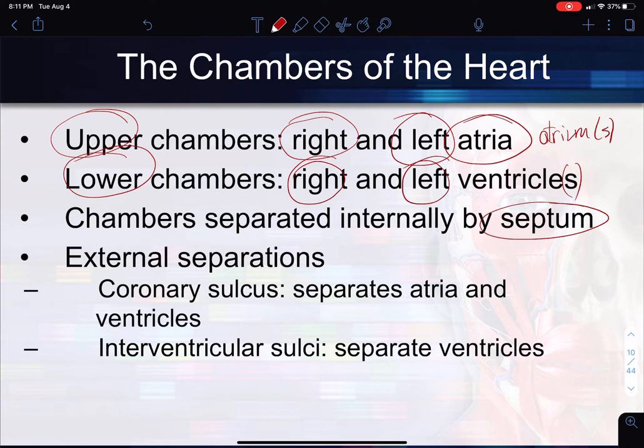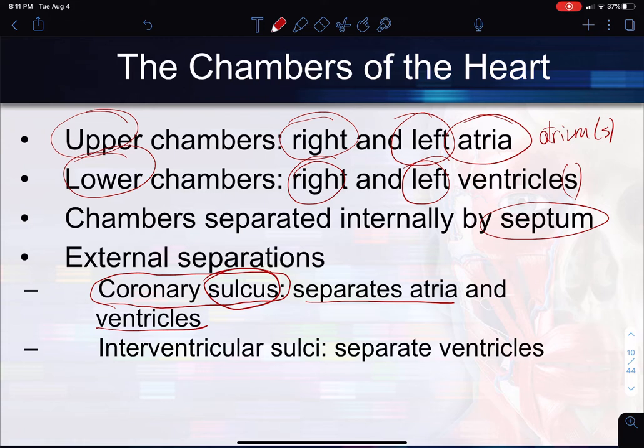Some separations with the heart with the outside of the chambers. Outside you'll see a nice coronary sulcus, and the coronary sulcus, if you remember from neuro, you had gyri and sulci, or sulci, some instructors pronounce it that way. These are going to be the grooves, or the spaces, not the actual bumps themselves, but the grooves. And this is going to physically separate the atria and the ventricles, and you can tell this on the posterior aspect of the heart.